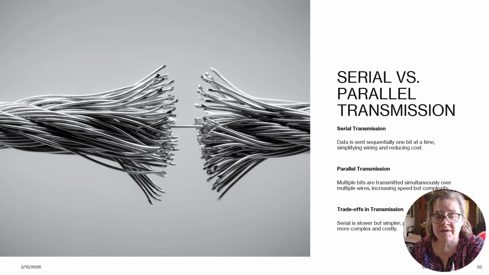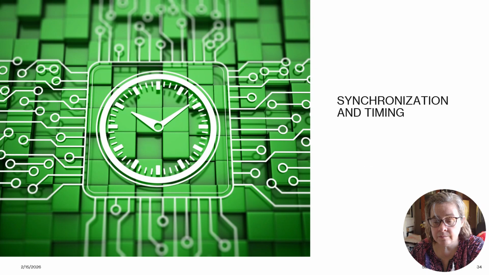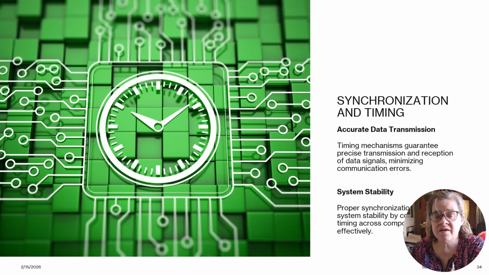Serial sends data bit by bit sequentially, while parallel transmits multiple bits simultaneously, each with trade-offs in speed and complexity. Timing mechanisms ensure data signals are transmitted and received accurately, preventing errors and maintaining system stability.